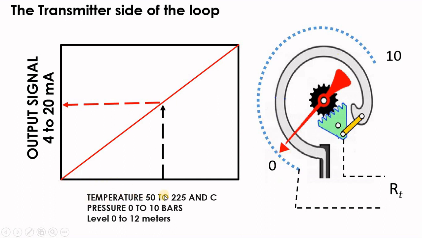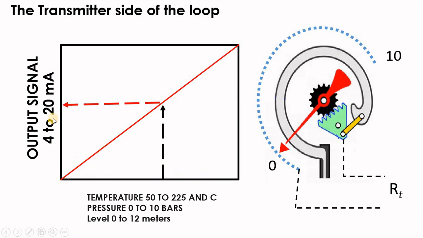If we have a pressure transmitter or a temperature transmitter, regardless of your measured variable, and regardless of your low range and high range, our transmitter will keep our current between 4 and 20 milliamps. So in the control room, you always receive 4 to 20 milliamps as the signal, and it is related linearly to the measurement.